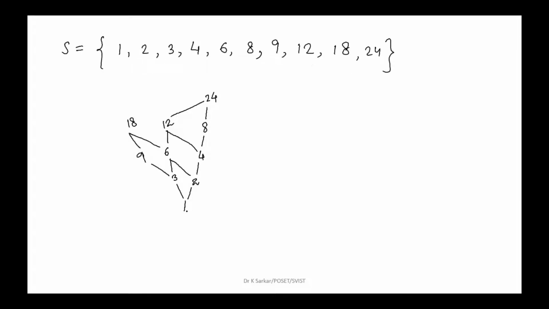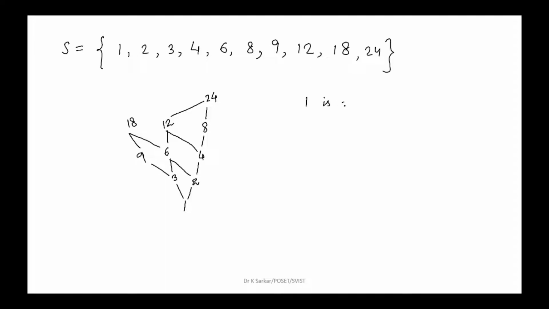Here we see that 1 is an element which divides all the elements, but there is no element in S which precedes or strictly precedes 1. Therefore, 1 is the minimal element.